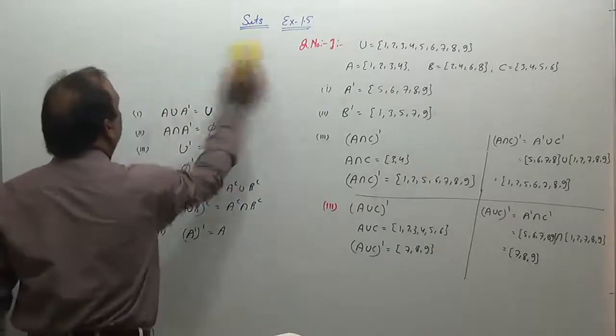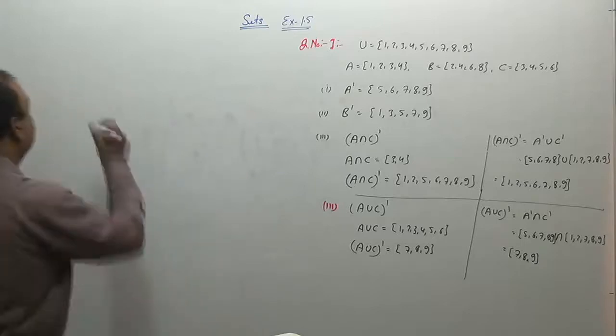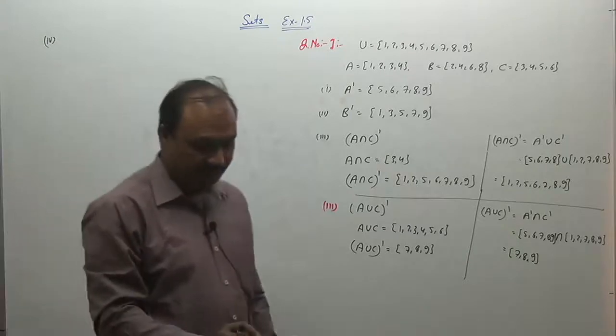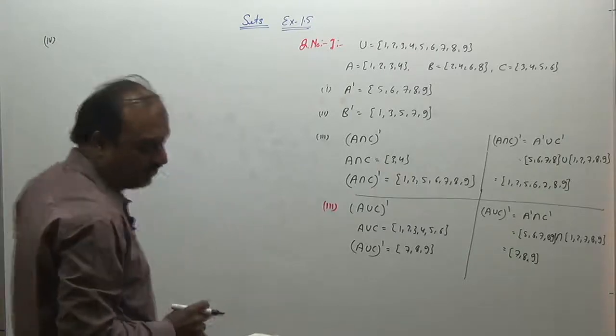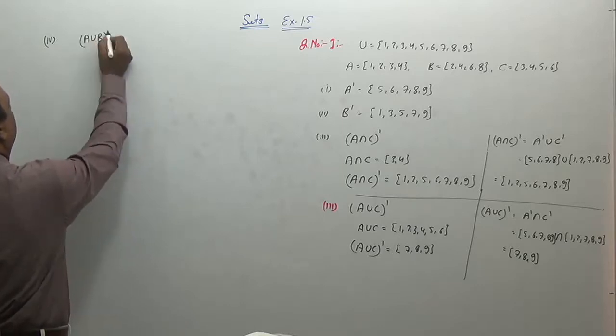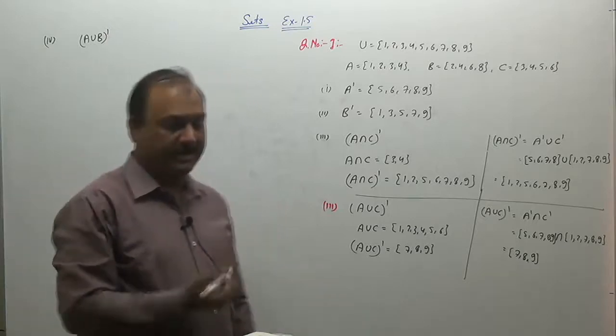Now the fourth part of this question is to find A union B complement. We can also find this in two ways.